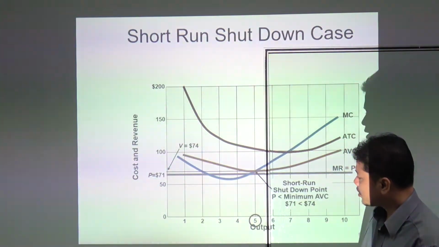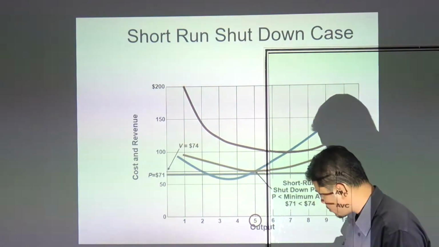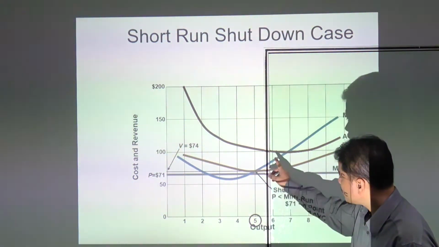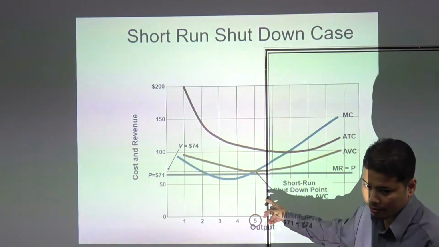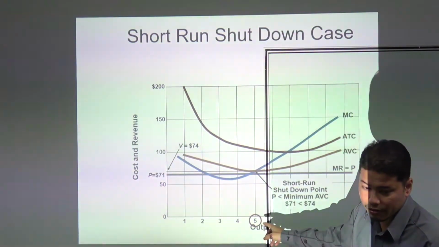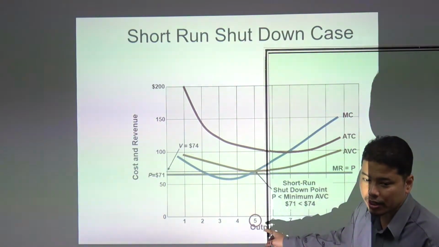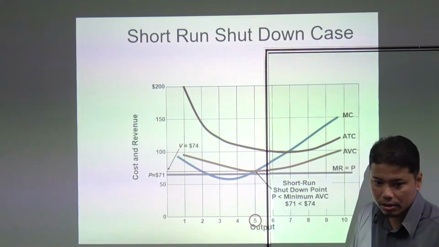Secondly, determine whether the firm is making a profit or loss. From 5 units of output here, you trace it up. You see whether the price is above or below ATC. At 5 units of output, the price is actually below average total cost. So we know that the firm is making losses. Should the firm produce?